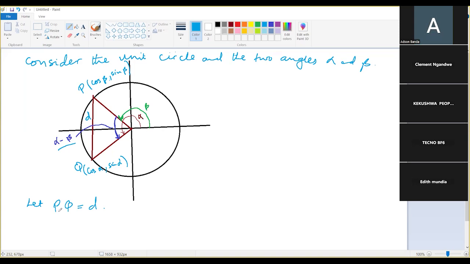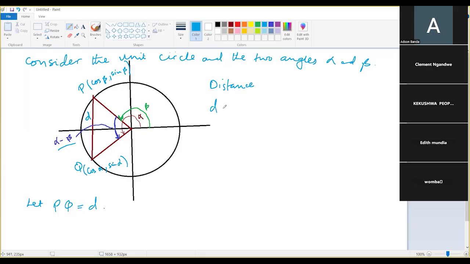So I've said that let the distance between P and Q be denoted as D. So you remember that when you had 2 points, a line linking 2 points, you were able to find the distance between those 2 points. So we are going to use the distance formula, which we know in this case, because the coordinates are given.